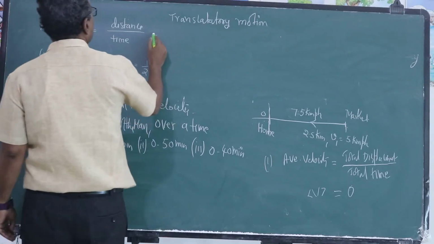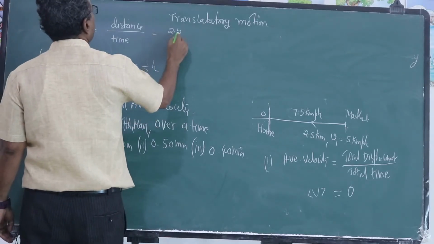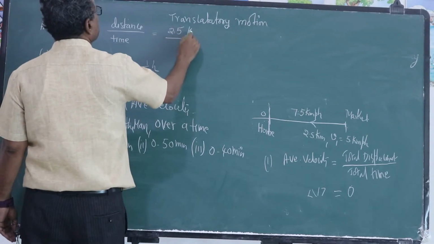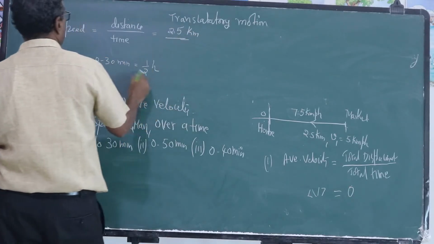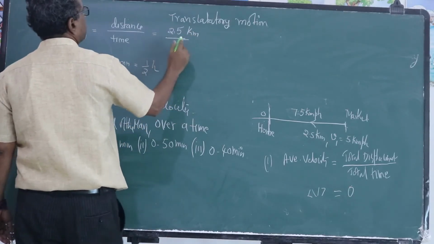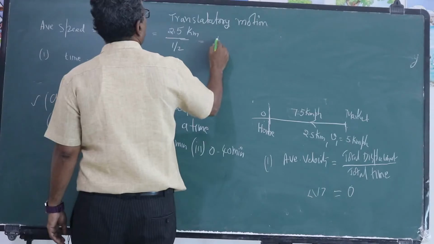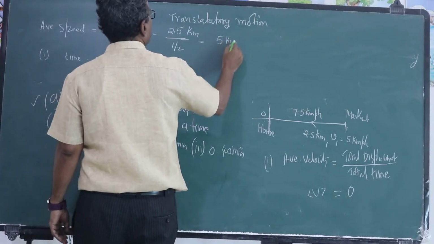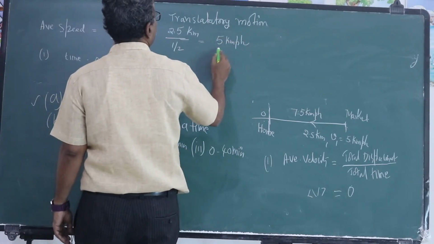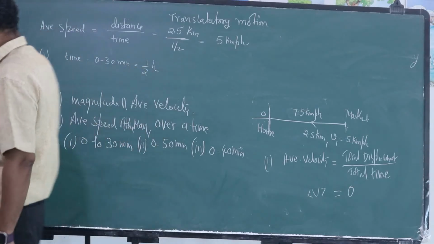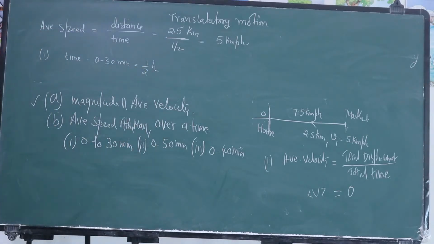So the distance is 2.5 kilometers by time half an hour, that is 5 kilometers per hour. So the average speed of the person is 5 kilometers per hour during this time interval.